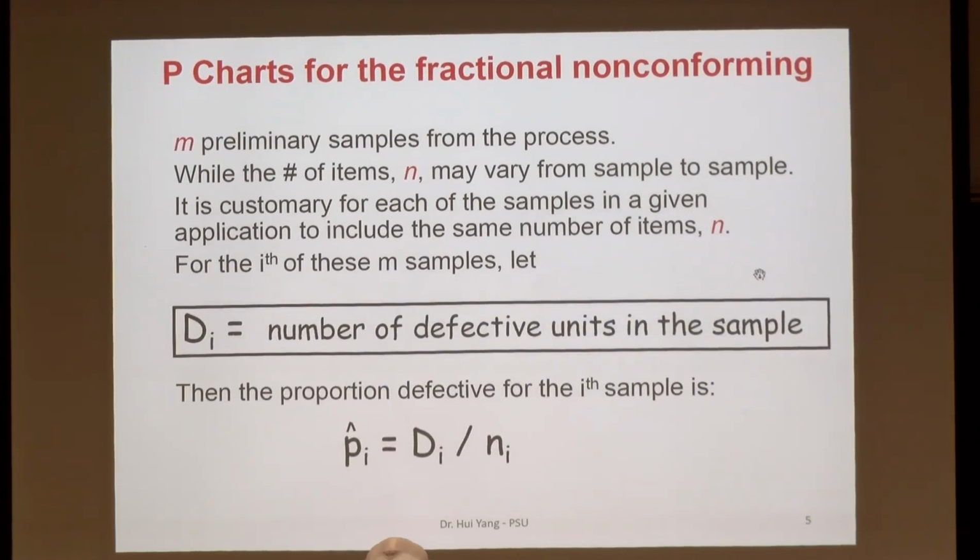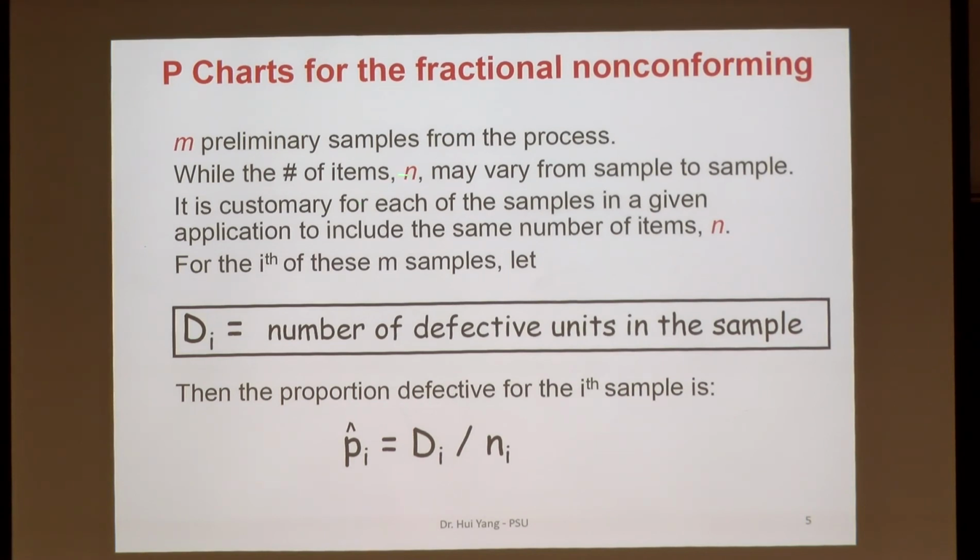Now, if we have m preliminary samples from the process, while the number of items n may vary from sample to sample, it is customary for each of the samples in a given application to include the same number of items. That means you have m samples.